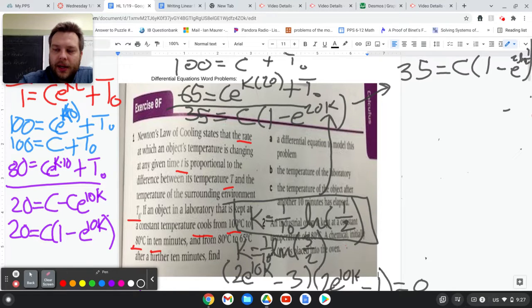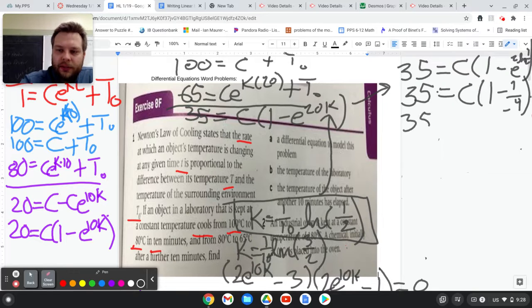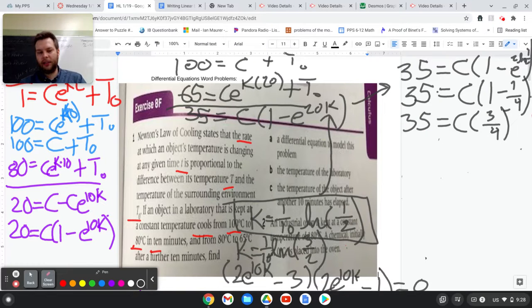And so that becomes 1/4 because the e and the ln cancel out. So you have a half squared. A half squared is 1/4. And so 35 equals c times 3/4. So c would be 35 times 4/3.